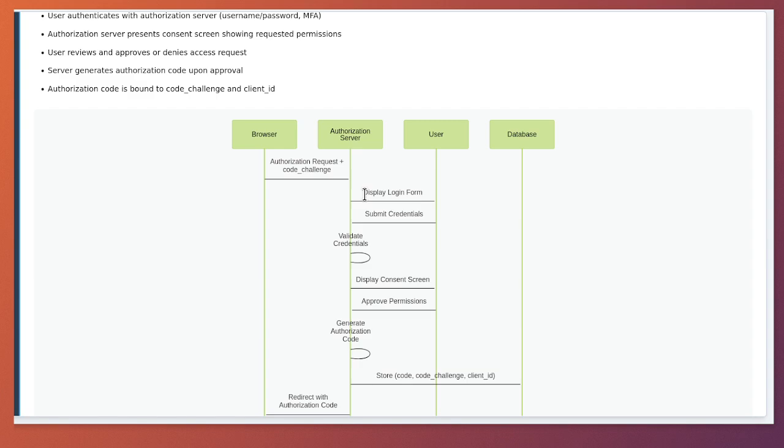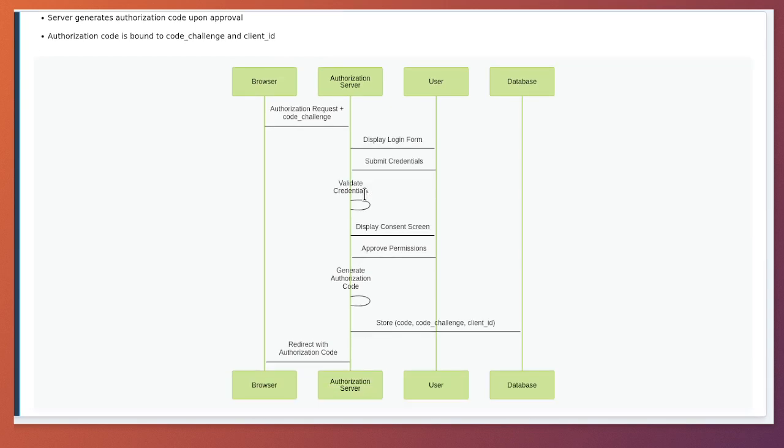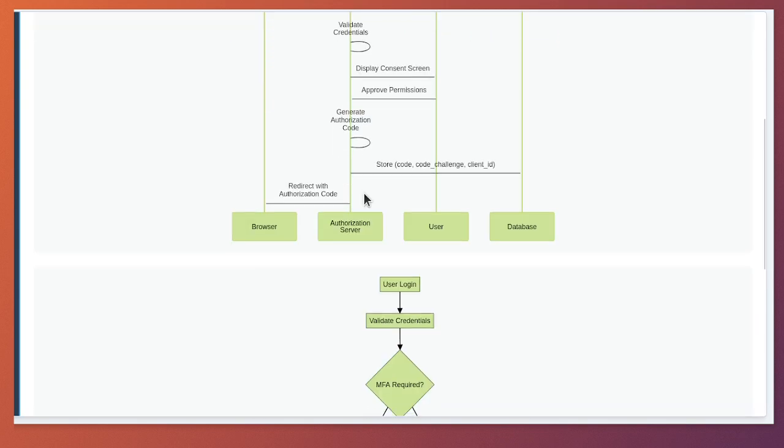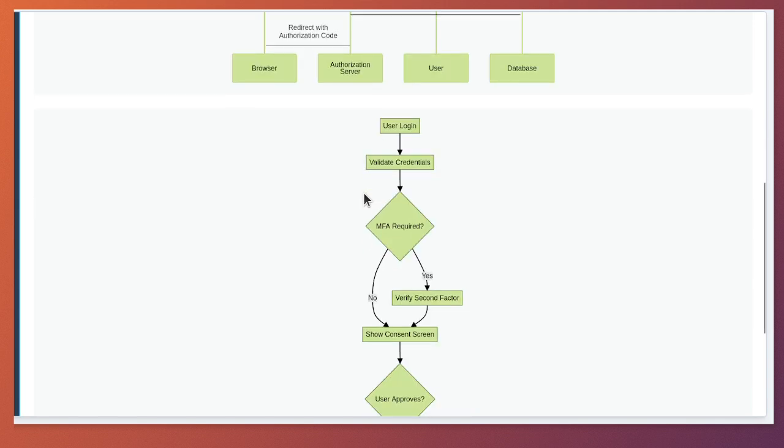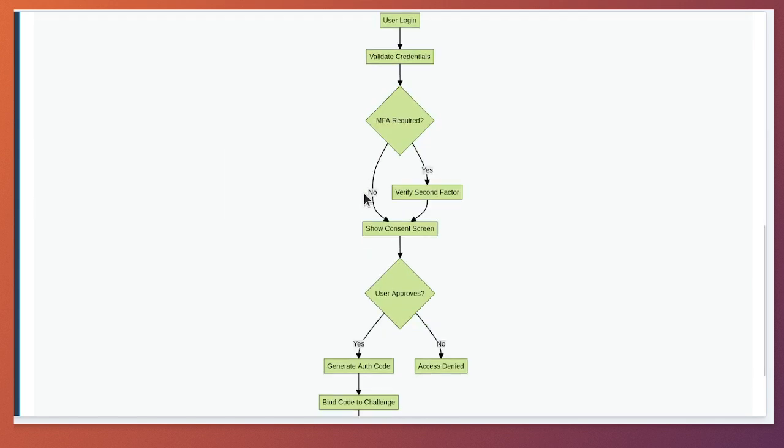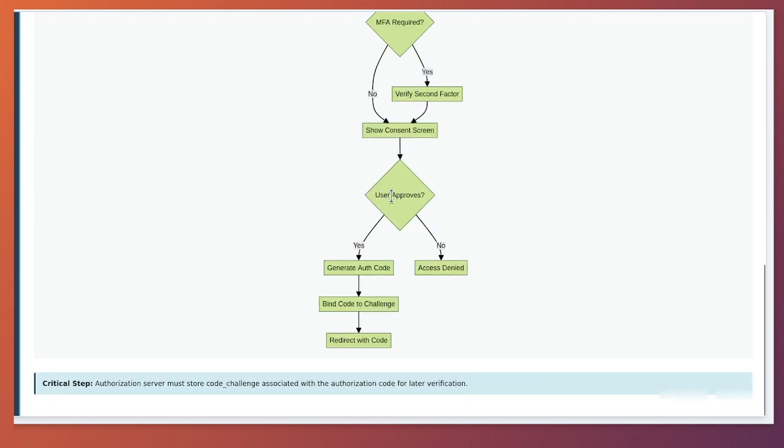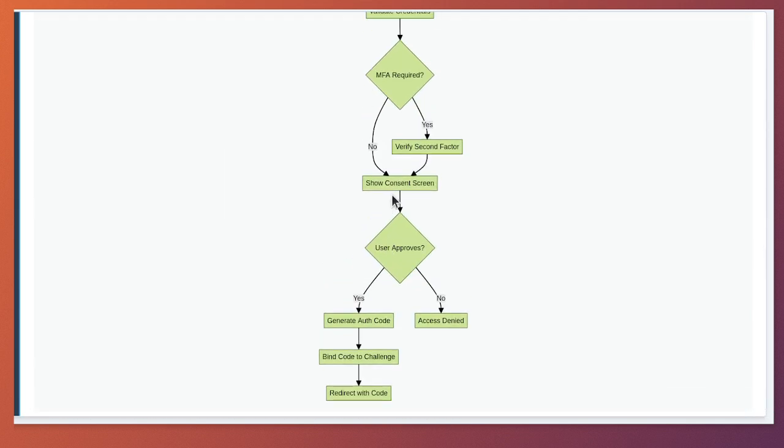This might be a time-based one-time password, TOTP, from an authenticator app, a code sent via SMS, a push notification to a mobile device, or a biometric factor like a fingerprint or face recognition. Some organizations use hardware security keys that implement standards like FIDO2 or WebAuthn for phishing-resistant authentication.